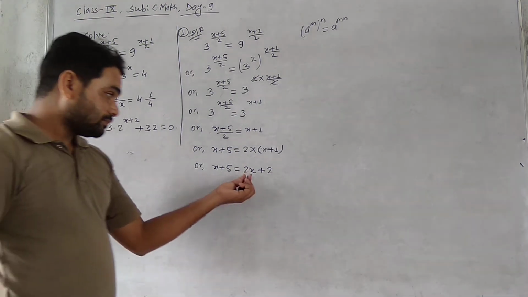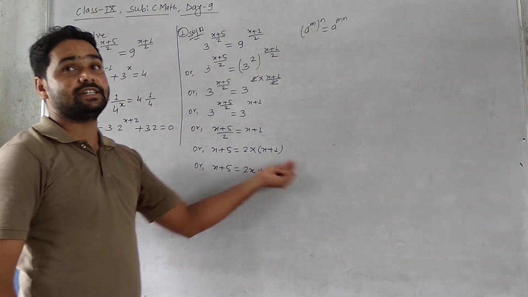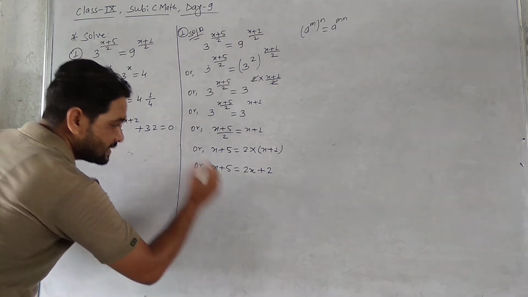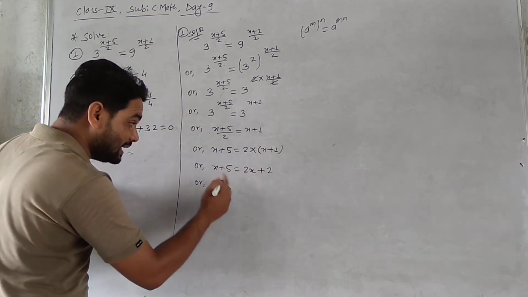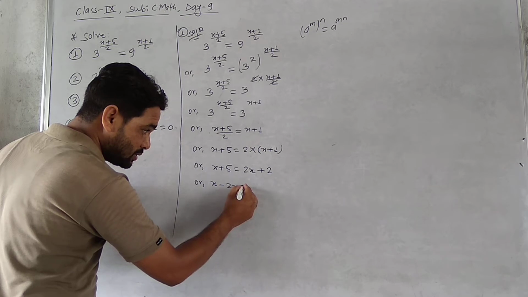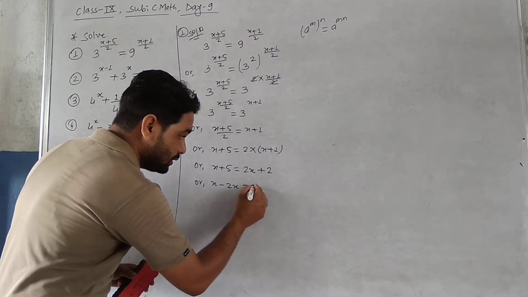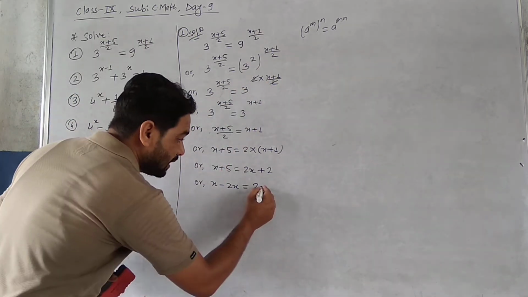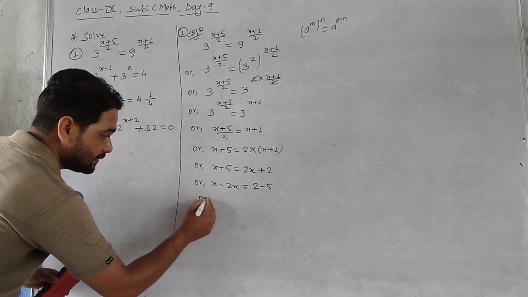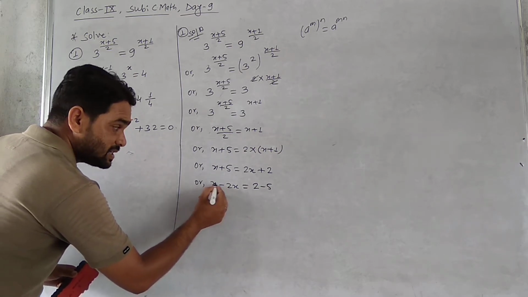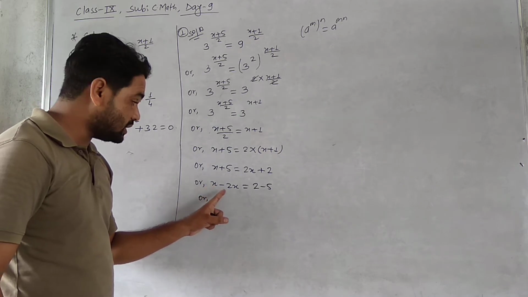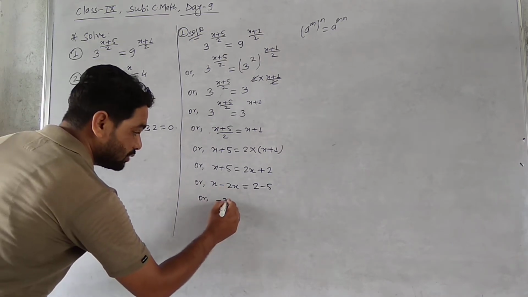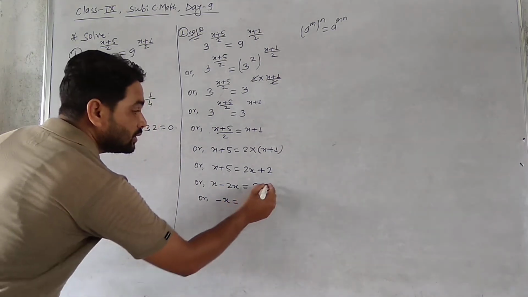Now bring the variable terms to one side and the constant terms to the other side. The 2x is plus here, so on this side it becomes minus 2x. The plus 5 on this side becomes minus 5 on the other side. For x, here the coefficient is 1 and here it is 2, so 2 is greater and the sign will be minus, and 2 minus 1 gives 1, so minus x equals minus 3.